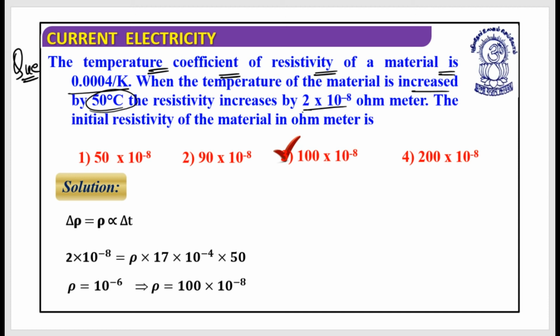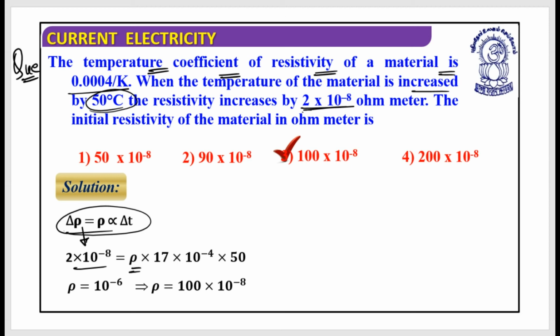So change in resistivity is equal to initial resistivity into alpha into delta T. The change is 2 into 10 to the power minus 8, because it says the resistivity increases by that.